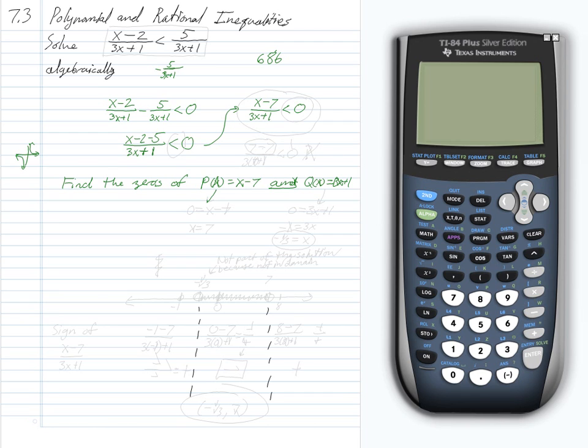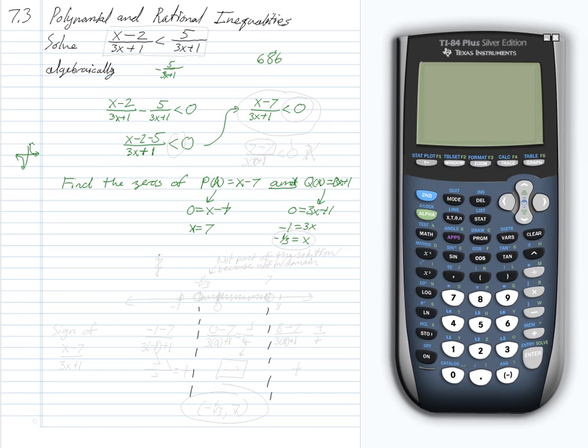Zeros of p of x: if 0 equals x minus 7, then x equals 7. And of q of x: if 0 equals 3x plus 1, then negative 1 equals 3x, so x equals negative 1/3.